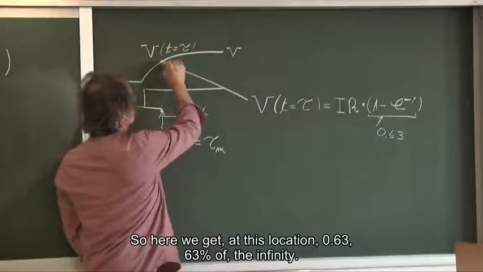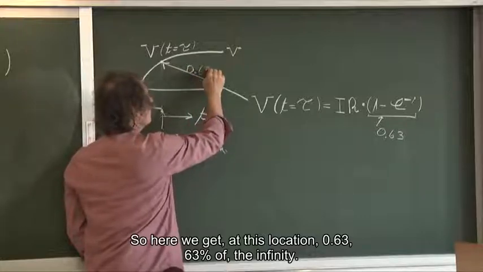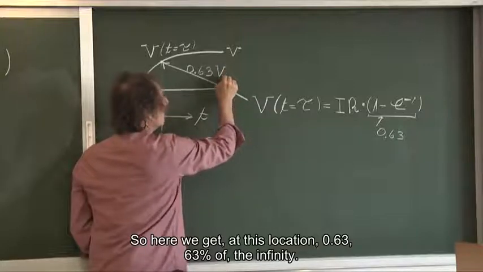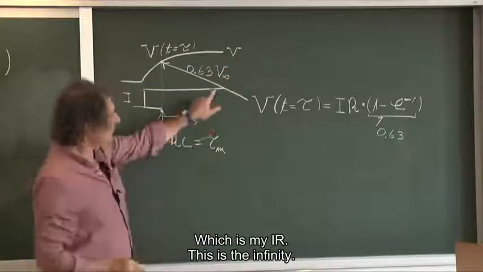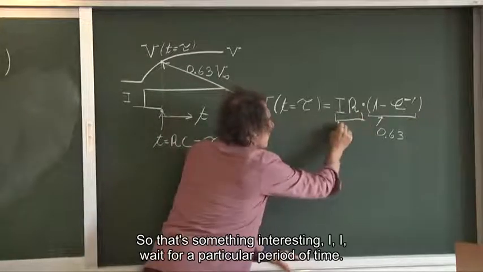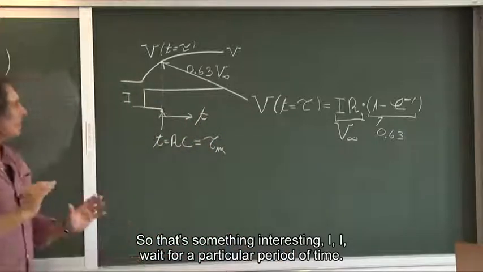So here I get, at this location, 63% of V infinity, which is my IR. This is V infinity. So that's something interesting.